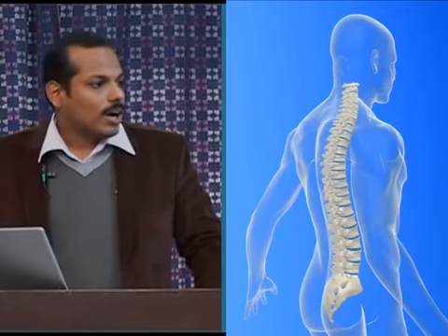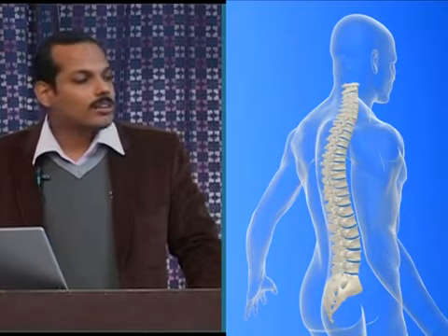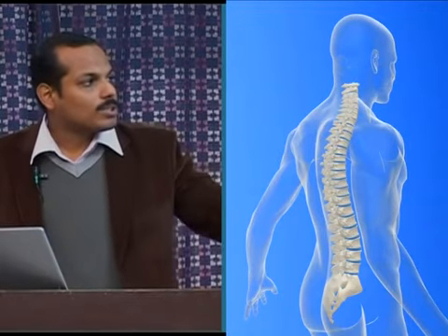Now, at the time of birth, we can see a posterior convexity of all the curvatures, and these posterior convexity curvatures are known as primary curvatures. So the thoracic and sacral curvatures are known as primary curvatures.